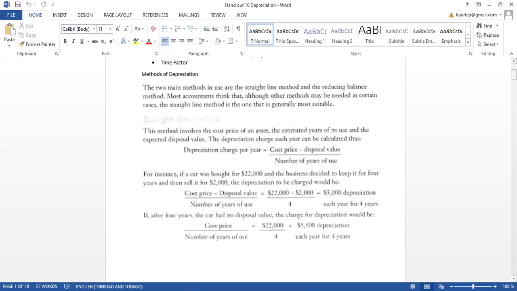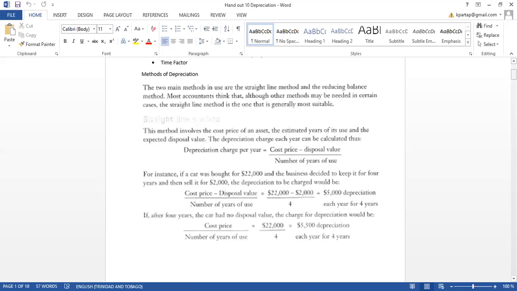But in your questions in the exam, the majority of the time, they will say, charge depreciation on an item at 10% or at this percent. What is important to note, however, is whether this is straight line or reducing balance, so you will know if you have to reduce the cost. So let me just continue here.